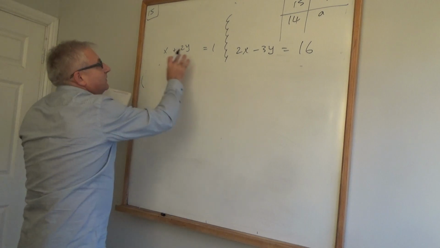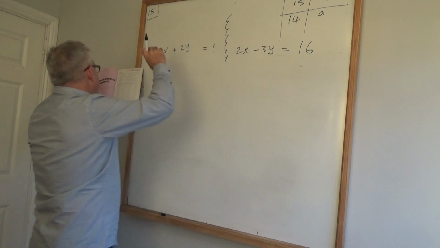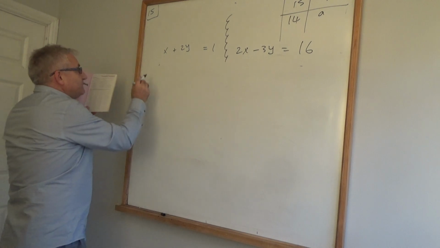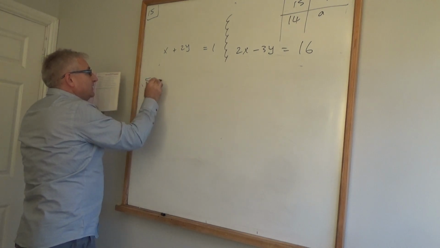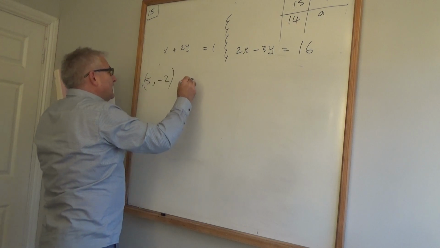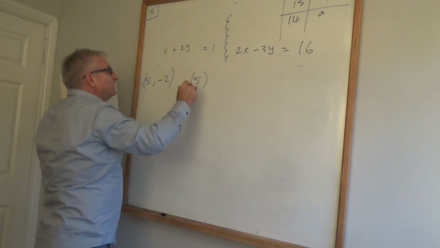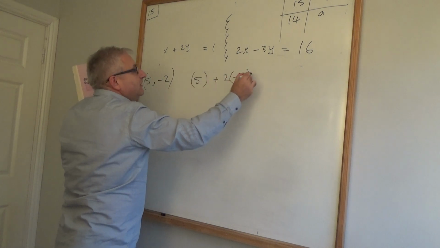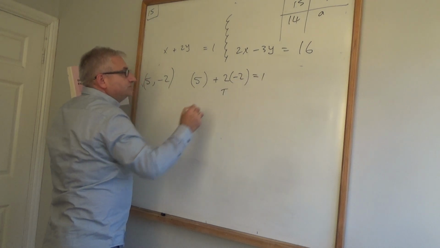We're holding on to this and we're bringing in the next candidate solution point, which is 5, -2. So we're going with x is 5 being substituted plus 2 times -2 equals 1, and that's true.